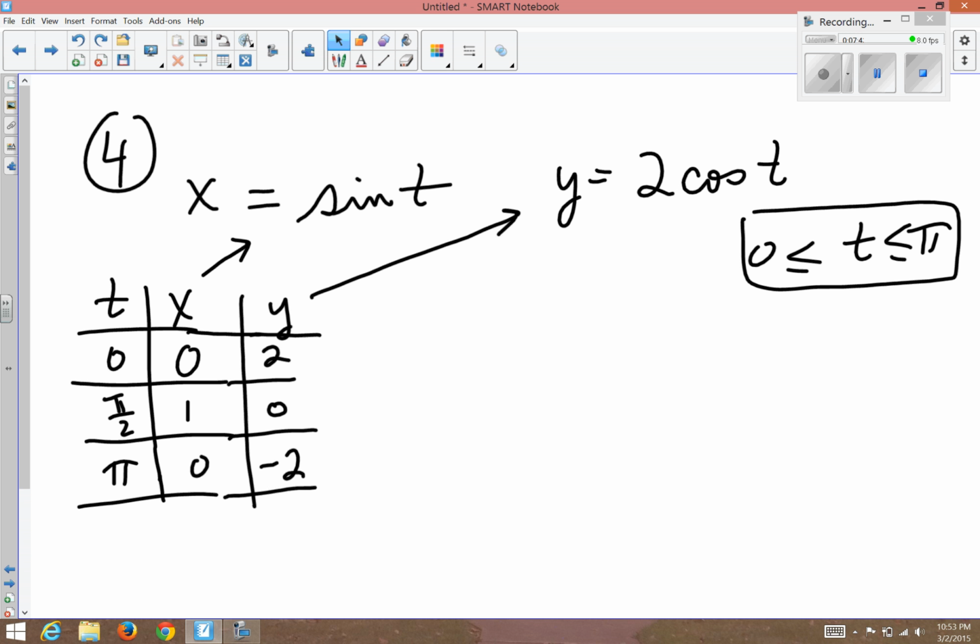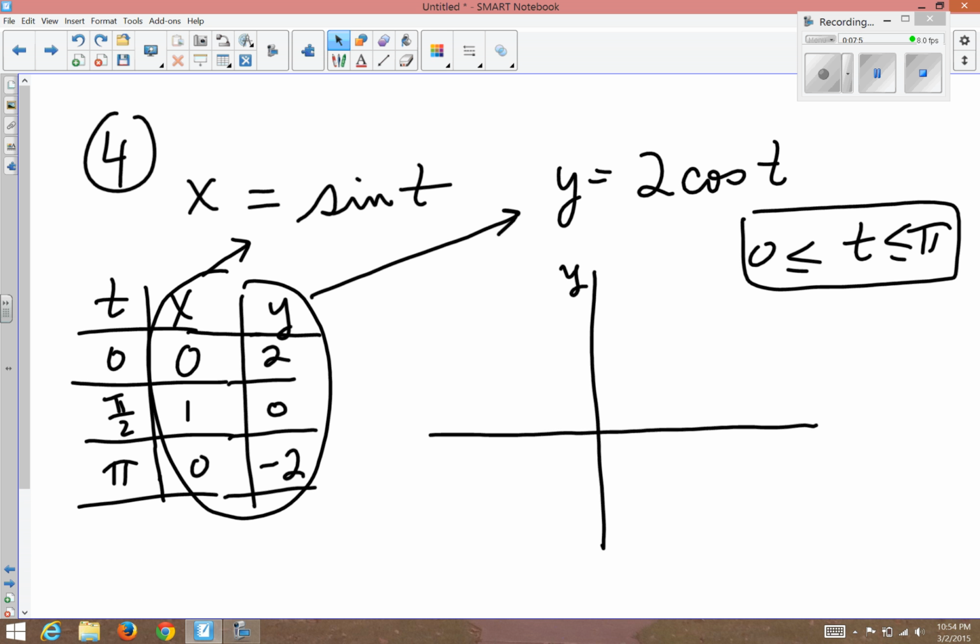To plot the parametric curve, you just plot these points. You plot the point 0, 0. Then 1, 0, and the point 0, negative pi. First the point where t is 0 is here, and then 1, 0 came next, and then 0, negative pi is last.